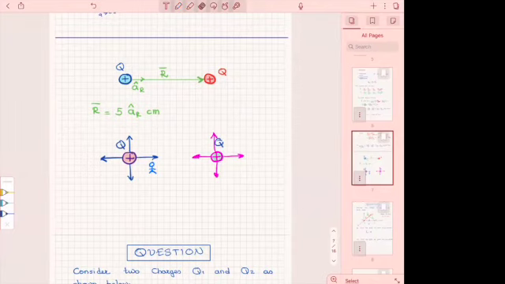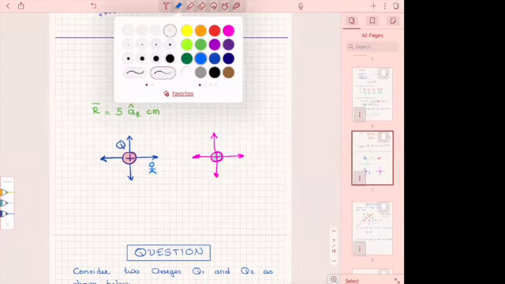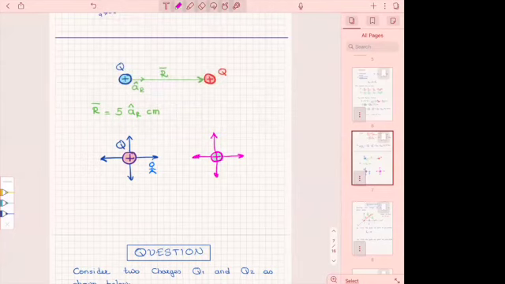Which means that if I were to translate those into forces, the force that I would feel from one charge will be a lot stronger because I'm closer to that than the force I will feel from the other charge, all right?